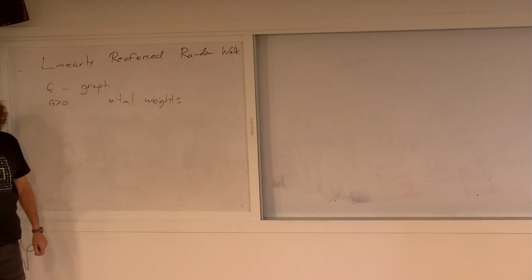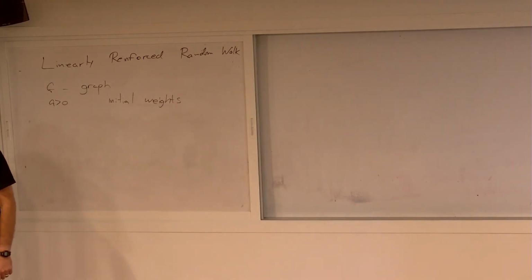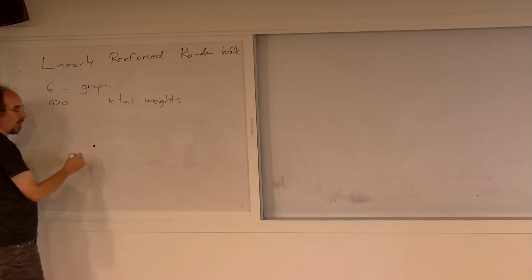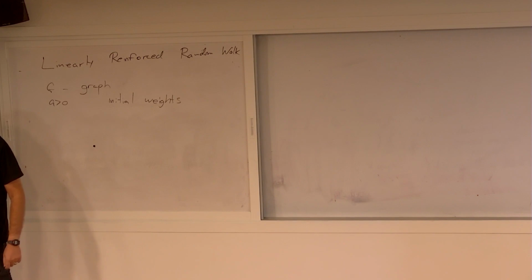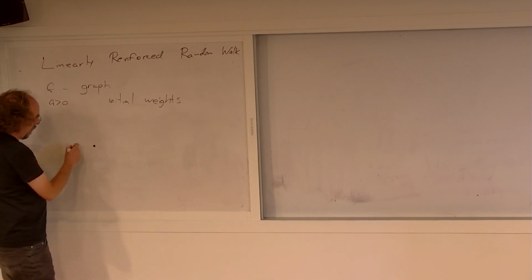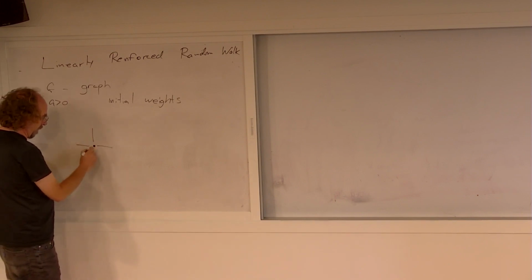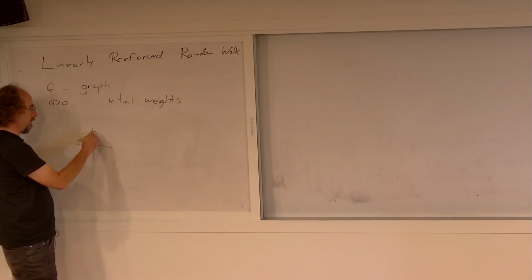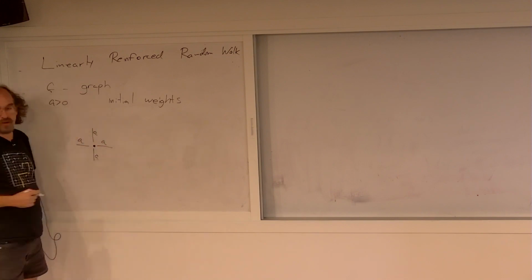And then you perform a random walk with some interaction which goes like this. Here's the first step. You stand at some vertex. You look at your neighbors. Since you just started, all the weights are A. Because, right, I didn't call them initial weights for nothing. In the first step, all weights are A.